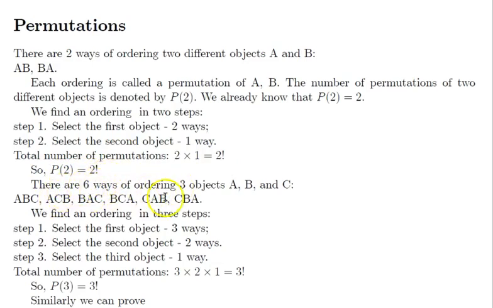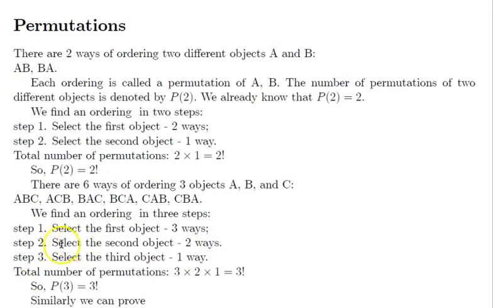To order 3 objects, A, B, C, we can figure out that there are only 6 such orderings, and we can obtain one of these orderings by performing these 3 steps. Select the first object. There are 3 ways to do this.